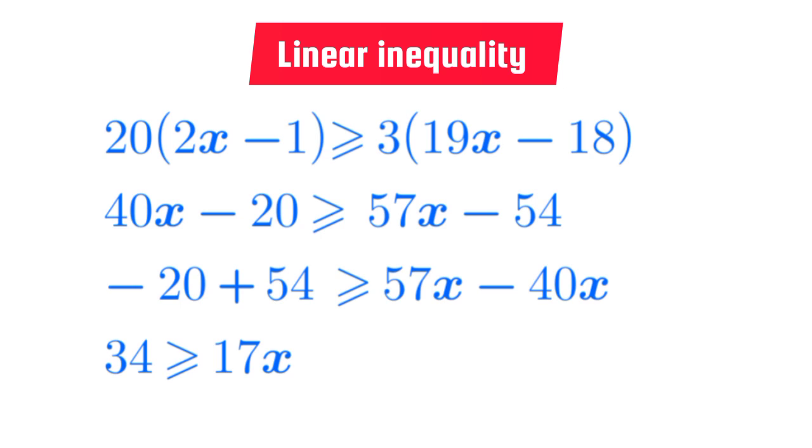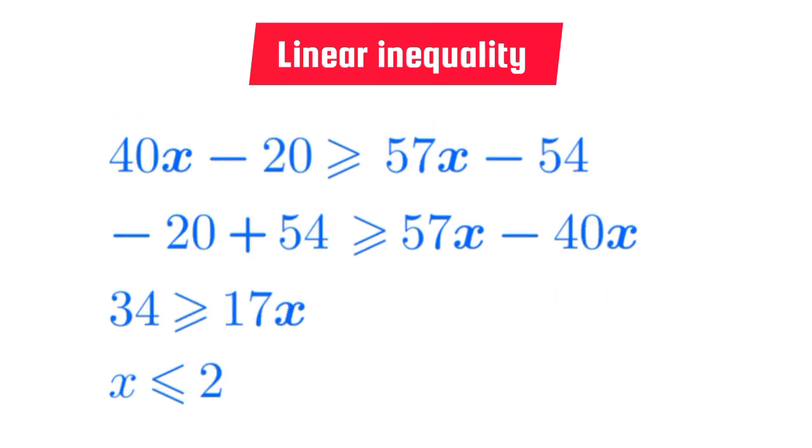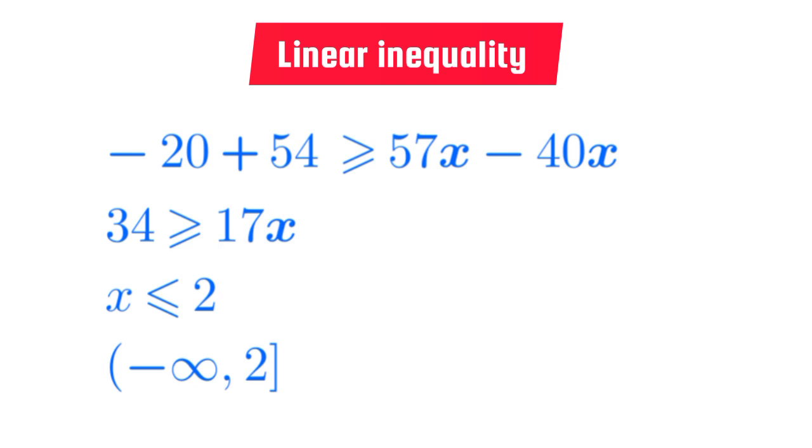We have 34 is greater than or equal to 17x. Now when we divide both sides by 17, we are left with 2. So our answer is going to look like this: x is less than or equal to 2. Or we can say negative infinity to 2.